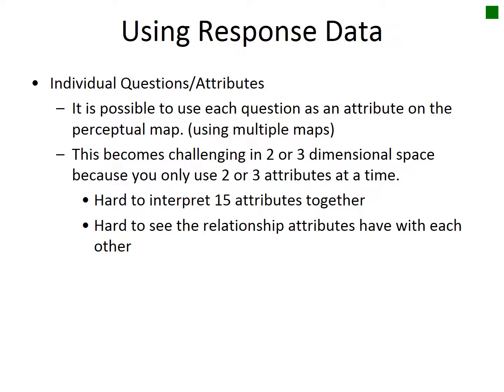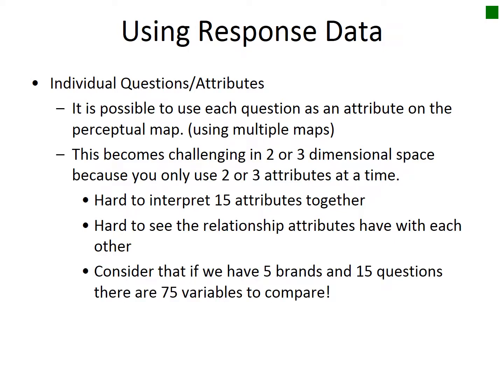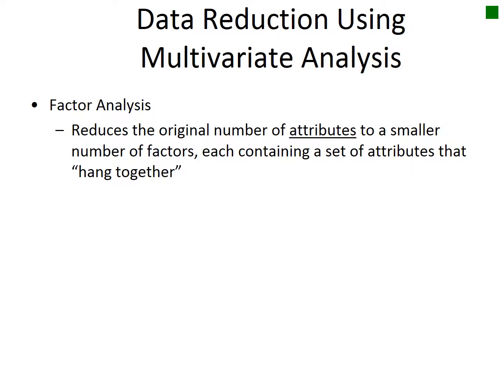So in research and in statistical analysis, we have a couple different methods that we can use. In fact, here, if we have 5 brands and 15 different questions, there are actually 75 different variables to compare. So that's confusing. So as we move forward, we look to do something called data reduction. This is fairly common in market research, and when we're analyzing different product attributes in particular.